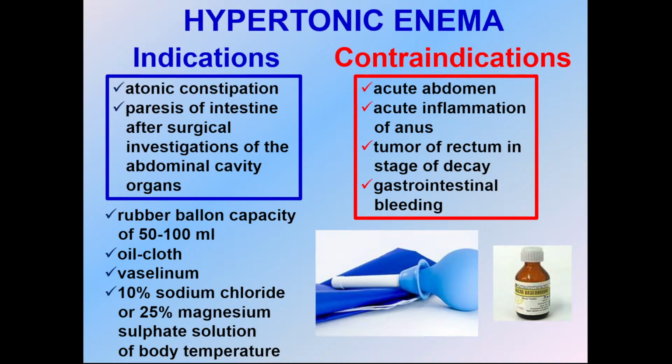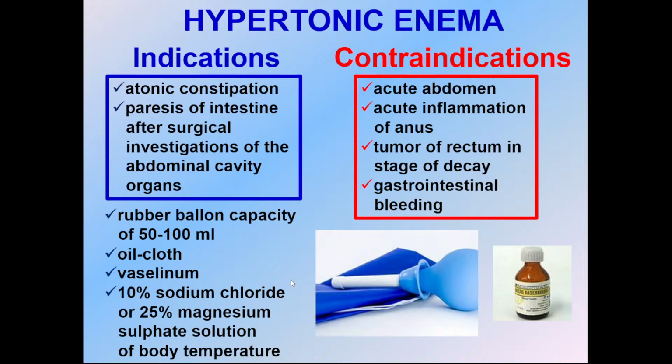Order same as for any enema: the tip of the enema is lubricated with vaseline, carefully introduced into the rectum, and then carefully push on the balloon, which is filled with any hypertonic solution.